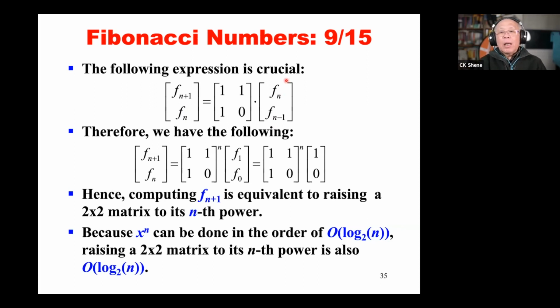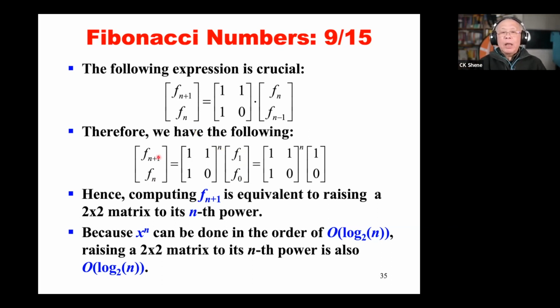So now Fn is computed by the same thing. So we could keep multiplying the vectors Fn, Fn minus 1, then Fn minus 1, Fn minus 2 together. We have this: Fn plus 1, Fn is equal to left multiplying F1, F0 by this matrix raised to the nth power.